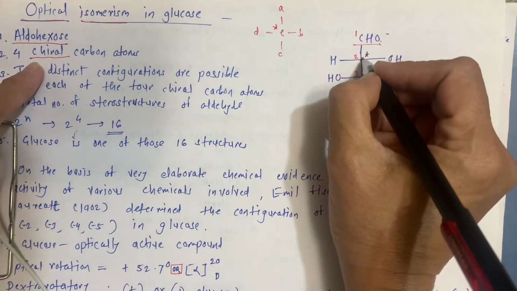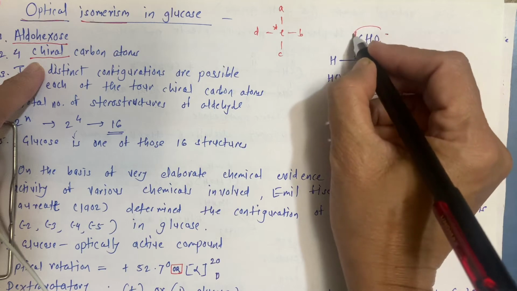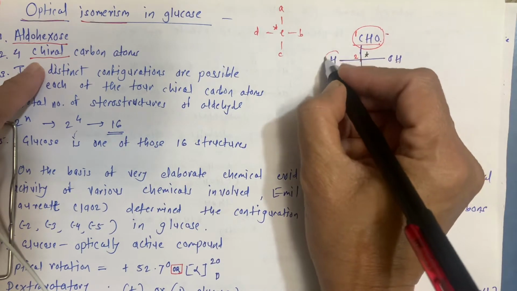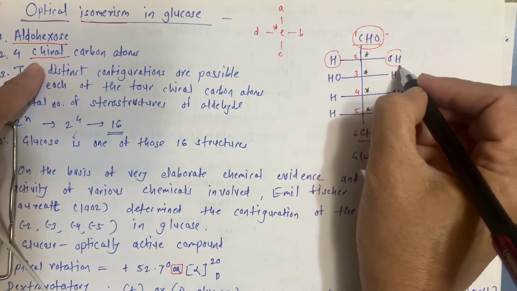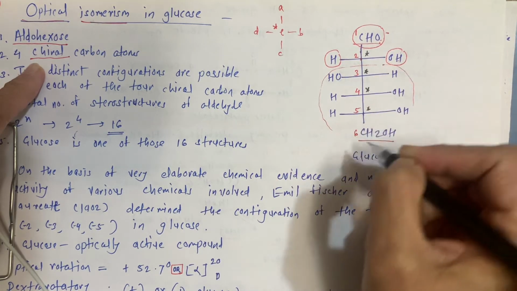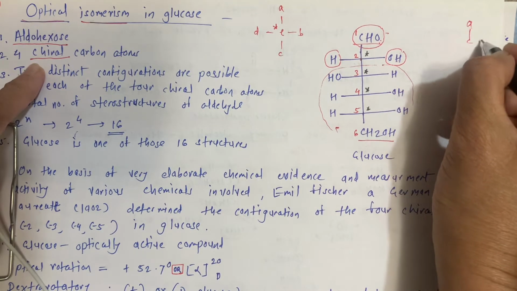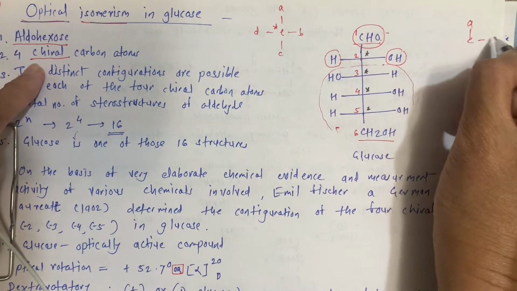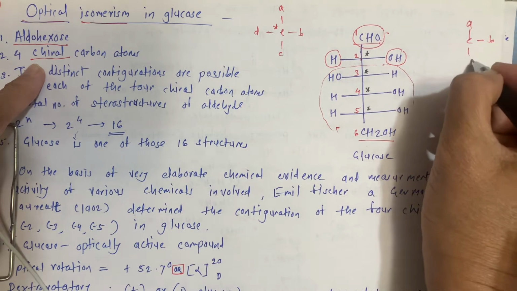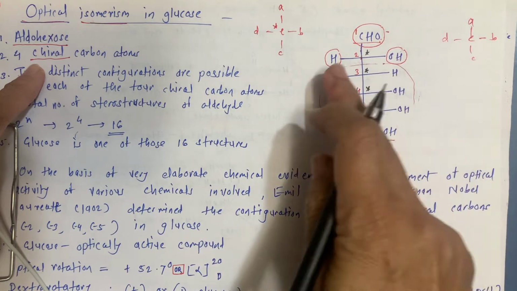So by considering this C, this is one group, this is another group, this is the third group, and this whole one is the next group. So this is carbon, then A, B, C, D. All 4 are different, 1, 2, 3 and 4.